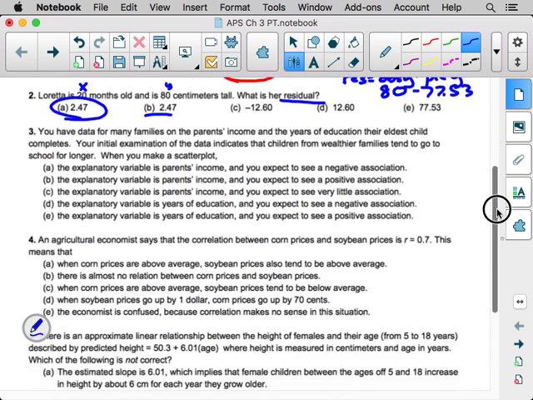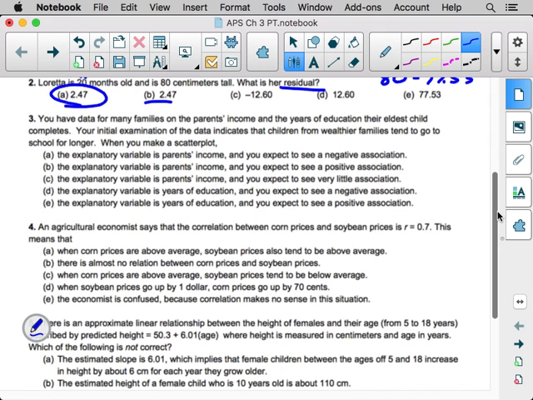All right. Number 3, you have data for many families on the parents' income and the years of education their eldest child completes. Your initial examination of the data indicates that children from wealthier families tend to go to school for longer. When you make a scatter plot, it looks like we're looking to see which is the explanatory variable and then what kind of association we are expecting. Do you see that every option discusses those two components? So explanatory, what would make more sense?